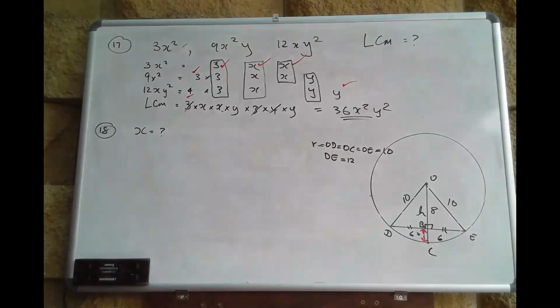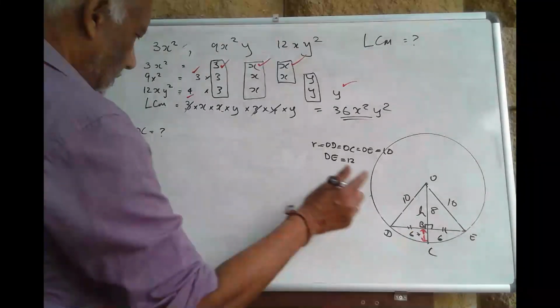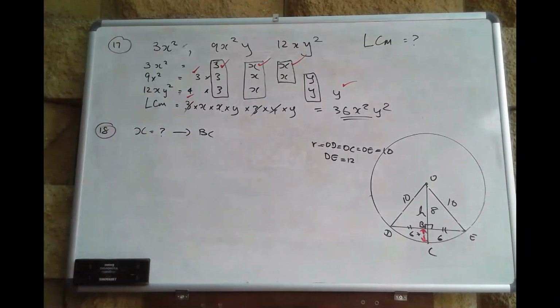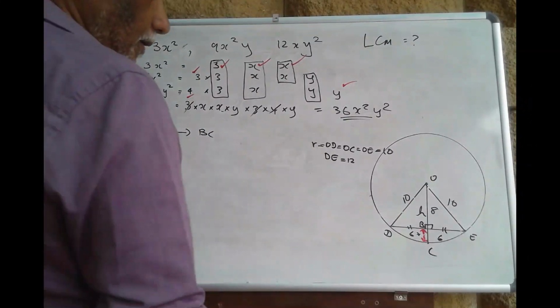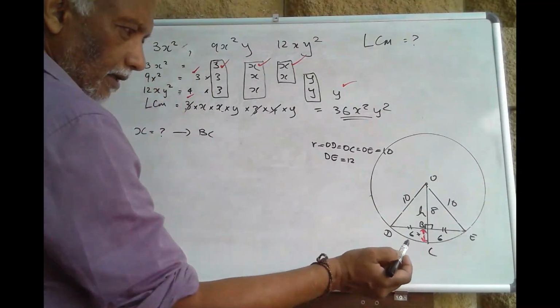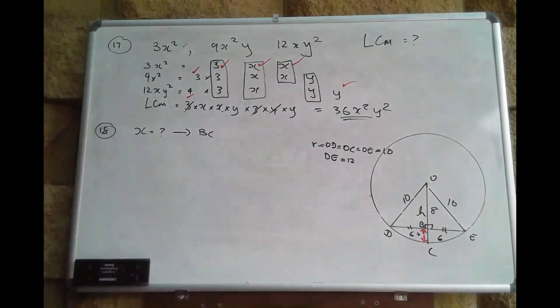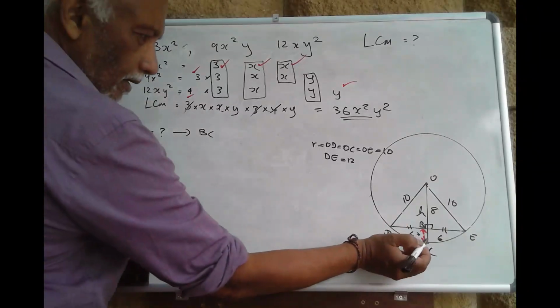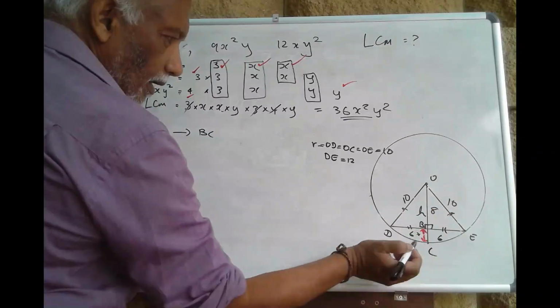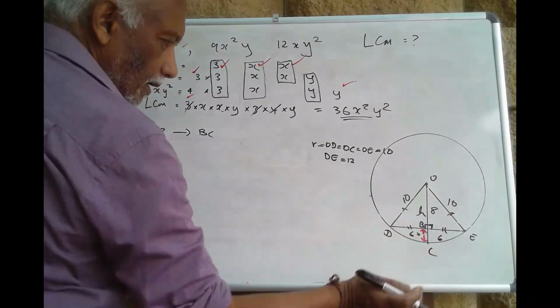So they asked us to find the distance BC. So how do I do that? They said OC is the bisector of DE. It cuts at B, therefore it is an isosceles triangle. Therefore this one must be 90 degrees.